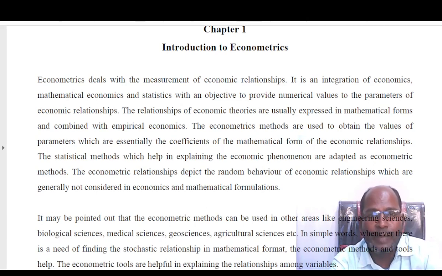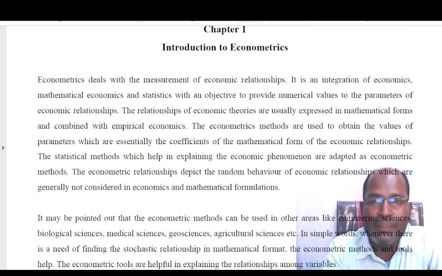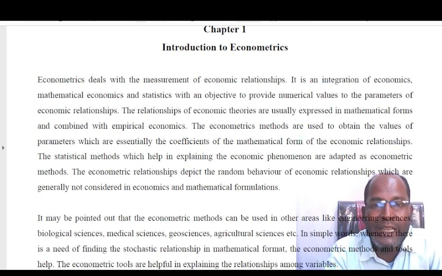So it may be pointed out that the econometric methods can be used in other areas like engineering science, biological science, medical sciences, geosciences, agricultural sciences, etc. In simple words, whenever there is a need of finding the stochastic relationship in mathematical format, the econometric methods and tools help.